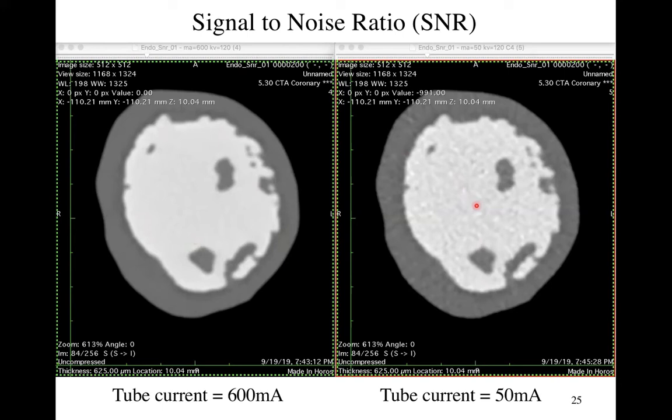Well, that question is answered by: it depends. It depends on what you want to do with the image. If you want to detect a very tiny object with great certainty, then perhaps you need this signal to noise. For example, is this little dark dot right here an object floating around in the ventricle?